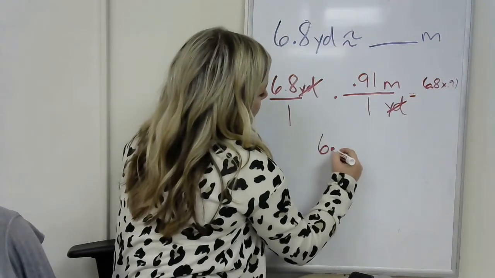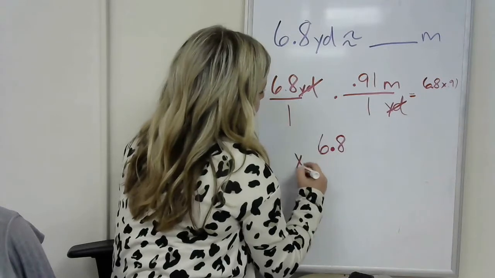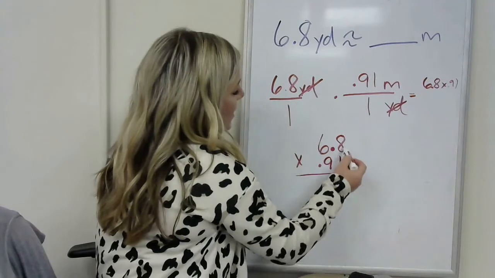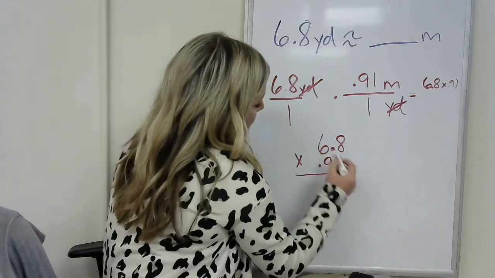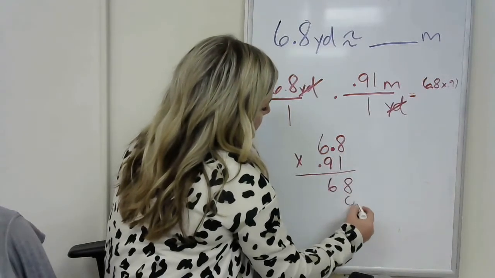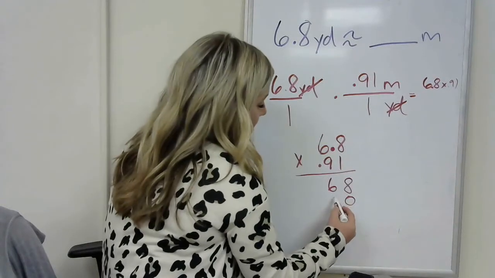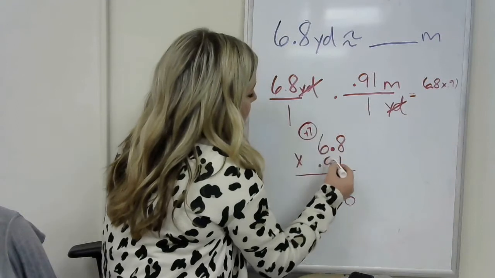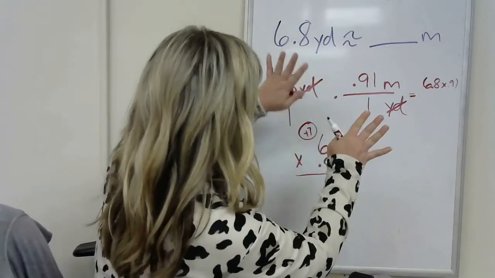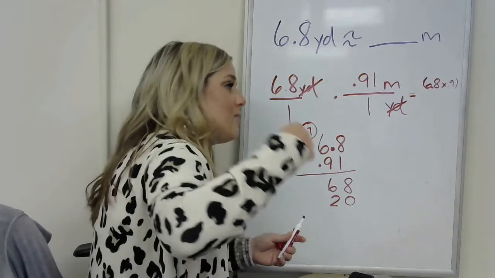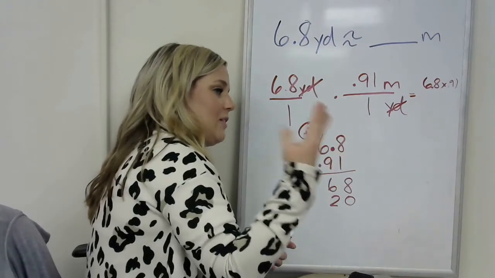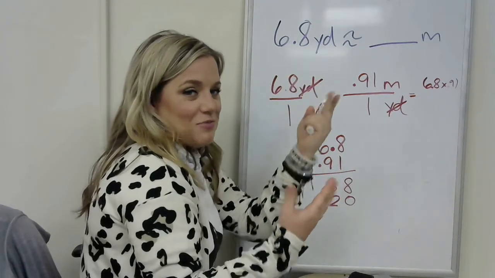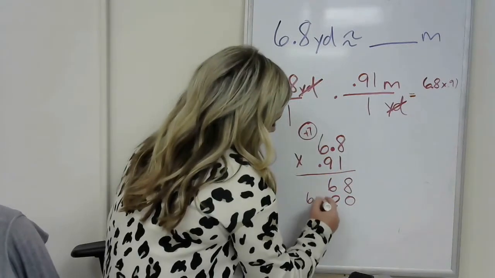This is a lot easier than dividing. 6.8 times 0.91, all right? So 8 times 1 is 8. 6 times 1 is 6, 0. 8 times 9 is 72. The 2 can stay. The 7 got to go. 6 times 9 is 54, plus 7, 55, 56, 57, 58, 59, 60, 61. Okay, so we got 61.